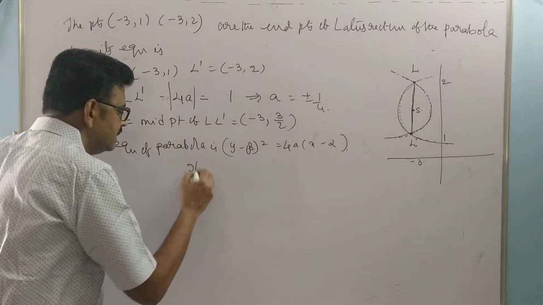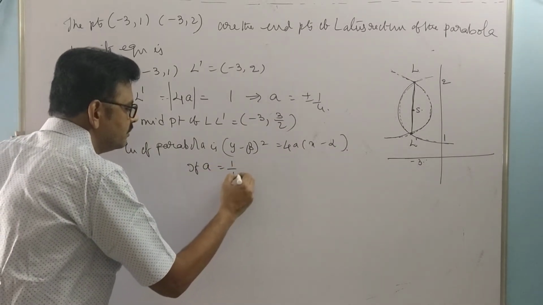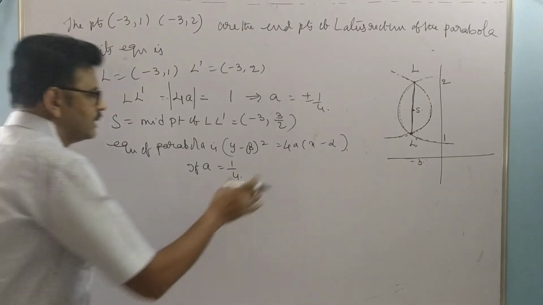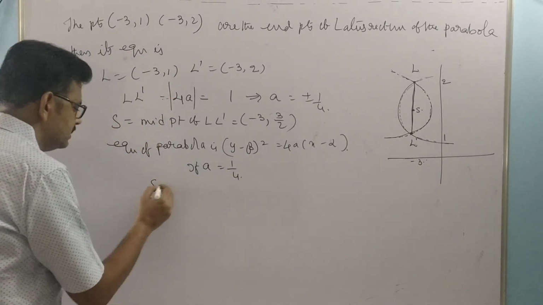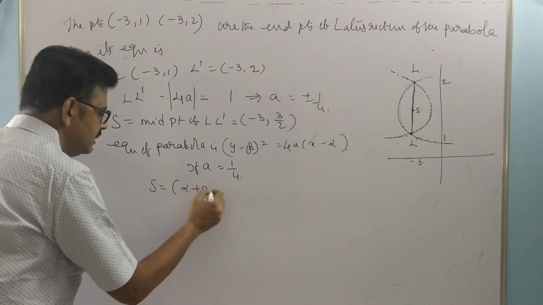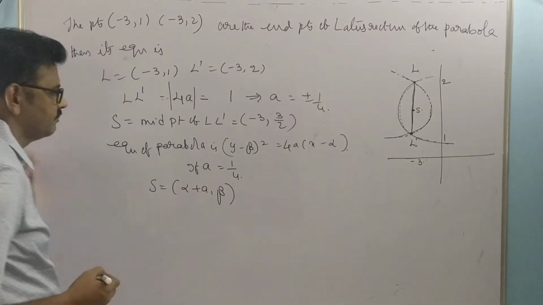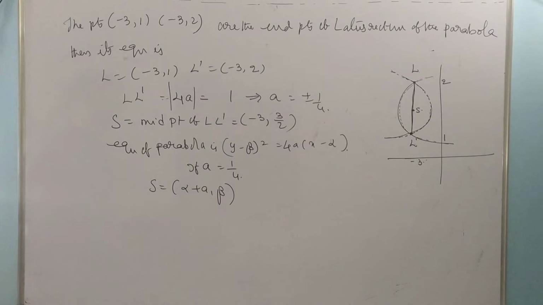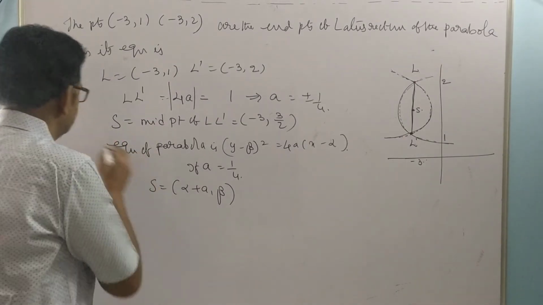If you take a equal to plus 1 by 4, for this parabola the focus is (alpha plus a, beta). That is the focus.